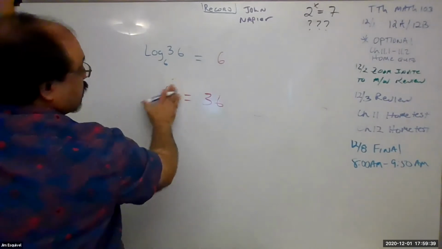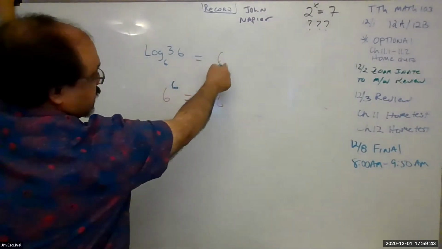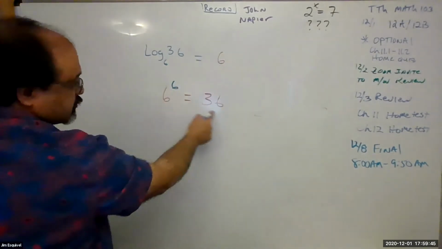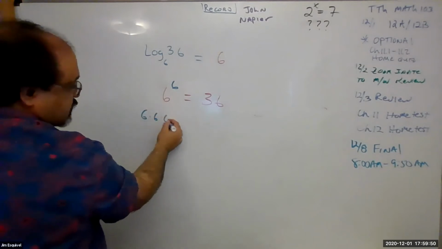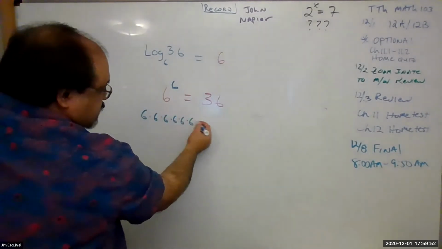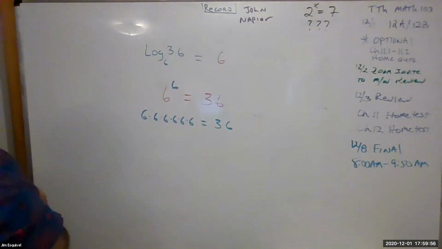So your guess was 6 to the 6 equals 36. Well, 6 times 6 times 6 times 6 times 6 times 6, is that going to be 36? No, it would be 2, wouldn't it?